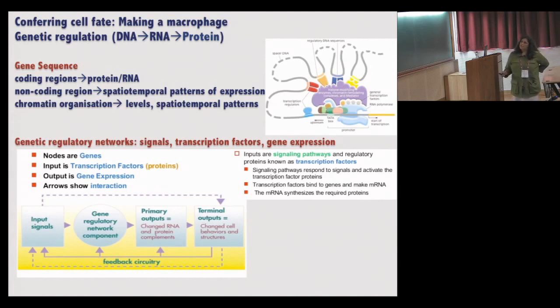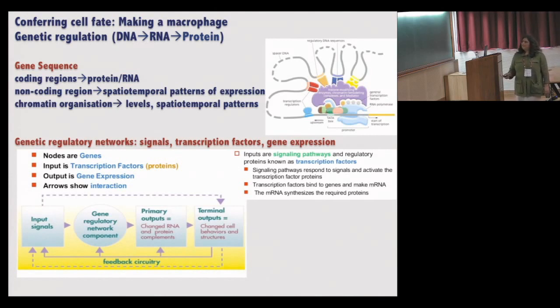So sometimes signals can turn on the expression of transcription factors. Transcription factors are just proteins, again made by genes, that will bind to DNA that's within the genome at specific locations and then activate the expression of other genes. Yeah?